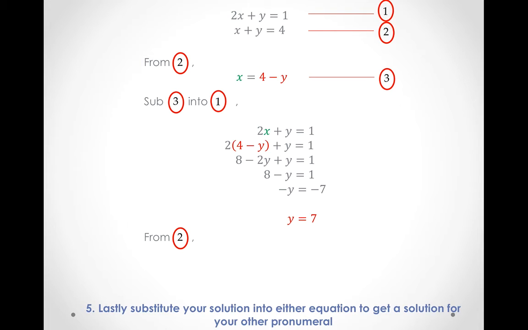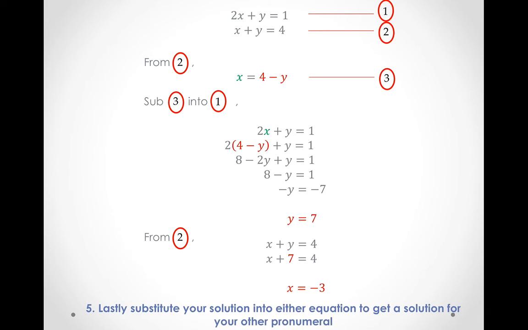So I'm going to substitute my value for y into equation 2. Equation 2 is x plus y equals 4. Let's put the value of y into that equation, and it would become x plus 7 equals 4. Minus 7 from both sides to get x all by itself. And our final solution for x would be x equals minus 3.